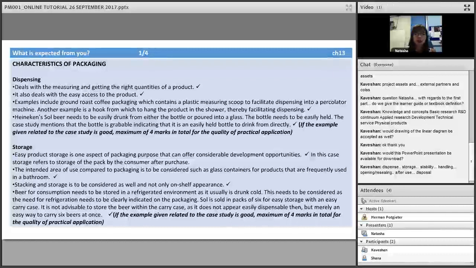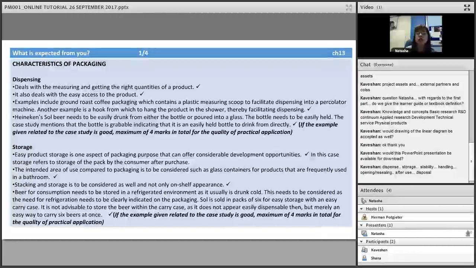The second part is storage. Now remember, storage is actually related to the actual after purchase use of the product. The intended area or use of consumption with regard to its packaging is considered, such as glass containers for products that are frequently used in the bathroom. Think about that.